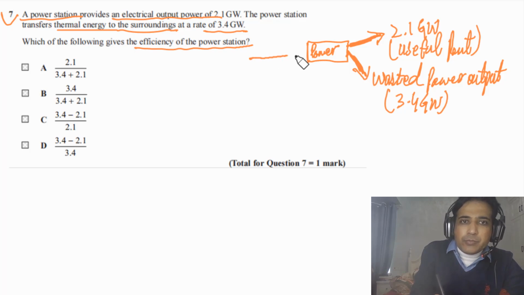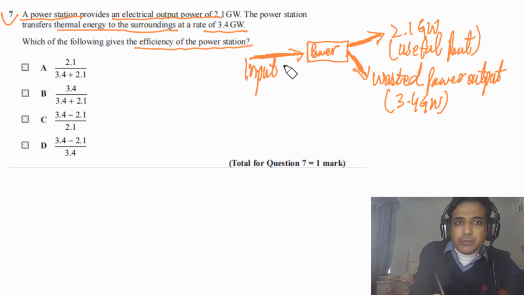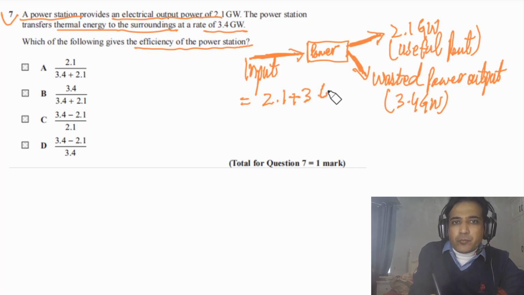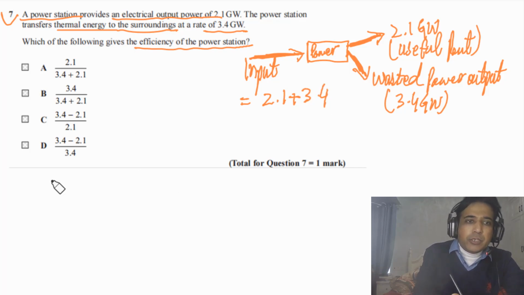So what is the input to this one? You need to understand, input has to be the sum of useful plus wasted. So this is our input. We need to calculate efficiency in this case, so this is the symbol for efficiency.